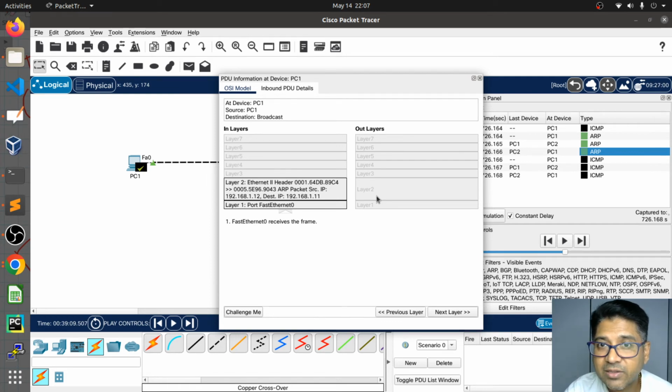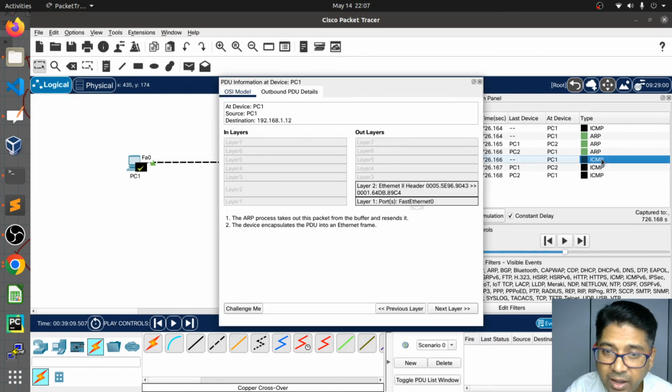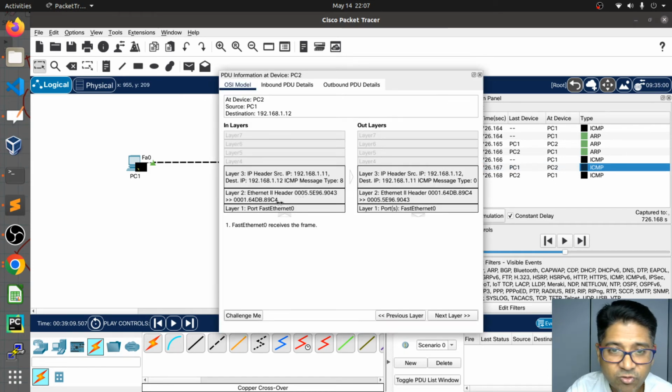Once the ARP table is completed, they will start the ICMP again because they have the MAC address, source to destination. You can see the communication start happening. They have the IP as well as the MAC. There is no FFF. Clear, guys?